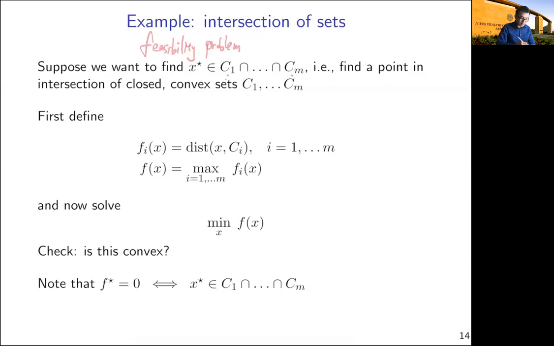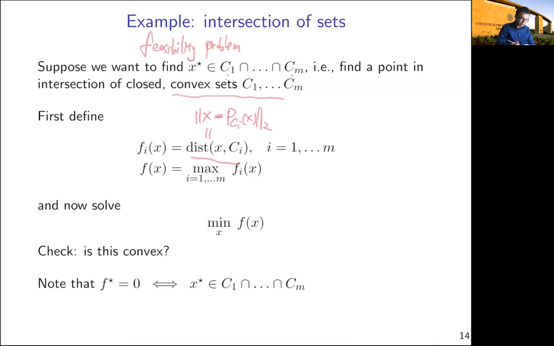When these constraints are convex, you can change this problem into something slightly different that depends on the distance to a convex set function that we defined in the last lecture. Again, the distance is equal to the Euclidean distance of x minus the projection of x onto this particular set.